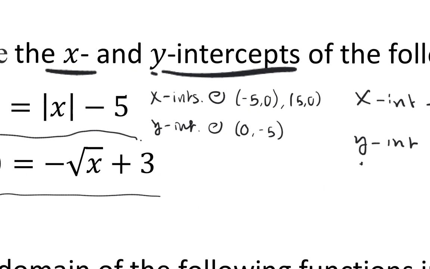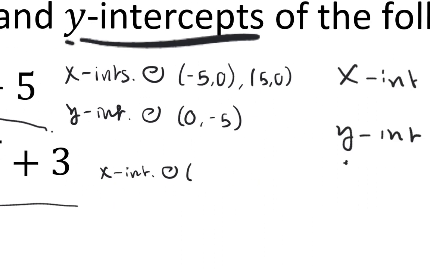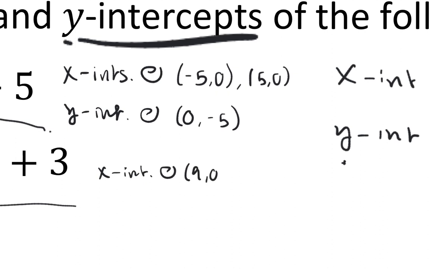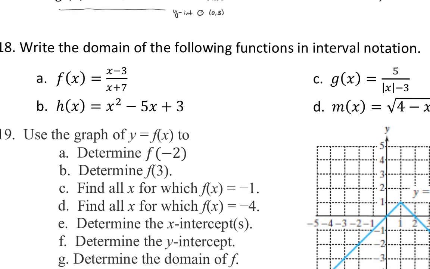Now I'm going to go ahead and write that down. We have an x-intercept at (9, 0), and a y-intercept at (0, 3).